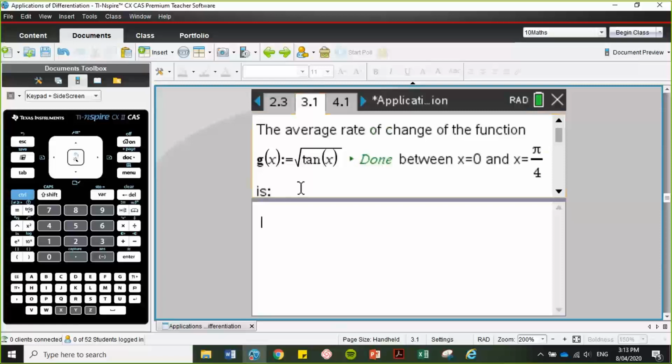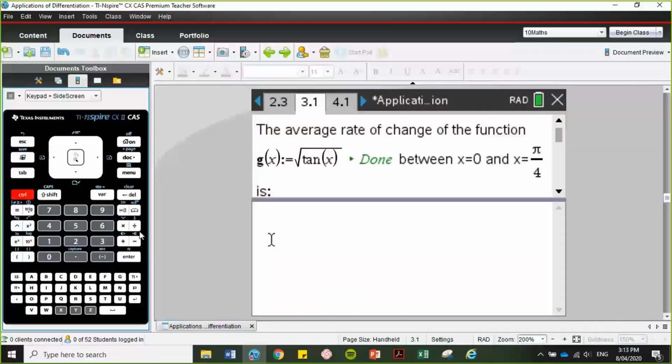So how do we find the average rate of change? Well, hopefully you remember that as being the gradient of the line between the 2 points, so y2 minus y1 over x2 minus x1. I can see a question. The documents page is just here. All right, so what we can do is say we have g of pi on 4.